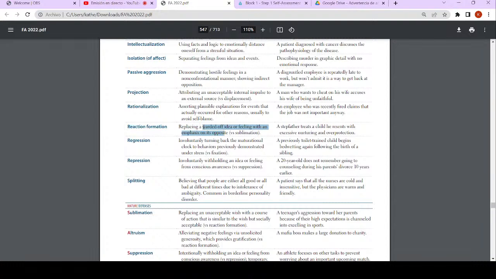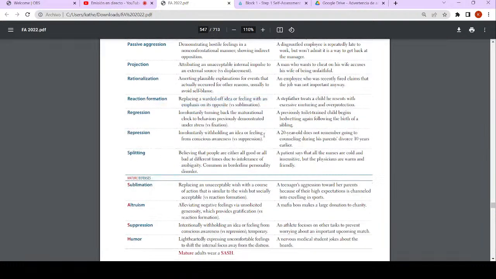Reaction formation: replacing a word, idea or feeling and emphasizing its opposite. For example, a stepfather treats a child he resents with excessive nurturing and overprotection. Splitting: a patient says that all the nurses are cold and insensitive, but the physicians are warm and friendly. Everything is good or bad.